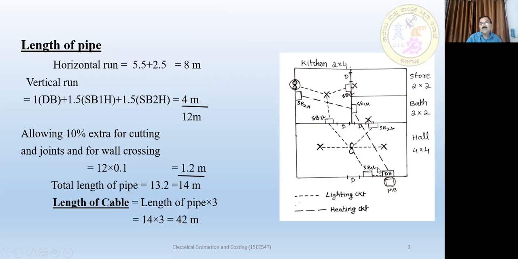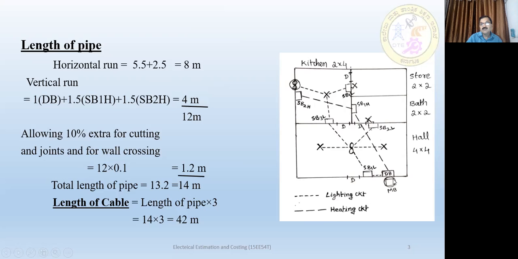Now in this circuit, the long dotted lines represent the heating circuit wiring diagram. There are two main circuits, one for the lighting and the other for the heating circuit. Small dotted lines represent lighting circuit and long dotted lines represent heating circuit.